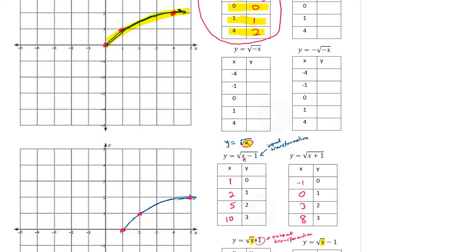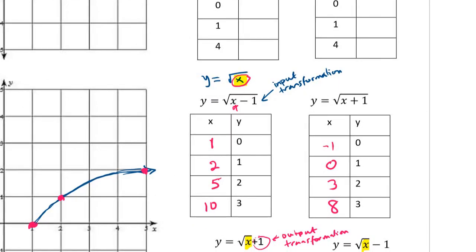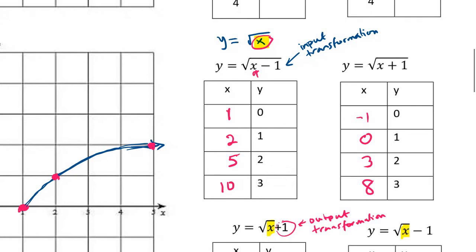So whenever you make an input transformation like we just did, the number here tells you how many units you move to the right. So x minus 1 says we have moved 1 unit to the right. It doesn't appear logical, but that's what we saw there.